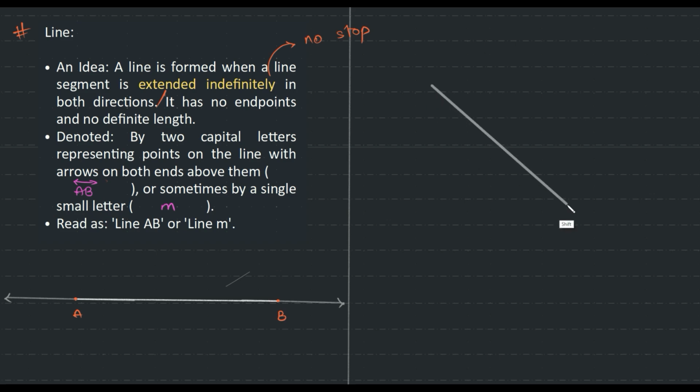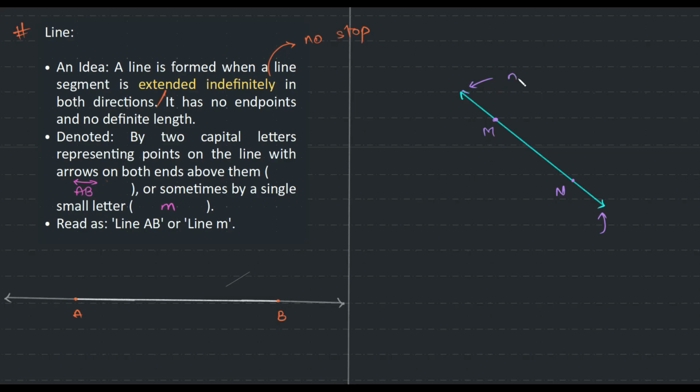Let me show one more example. That's your line. And I'll call this as MN. So this arrow has to be drawn.